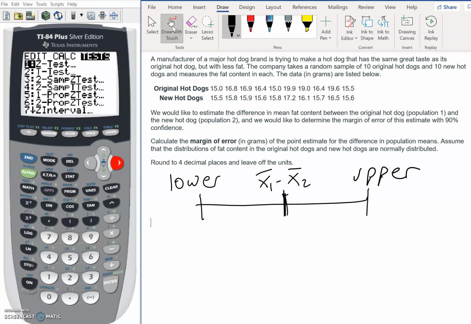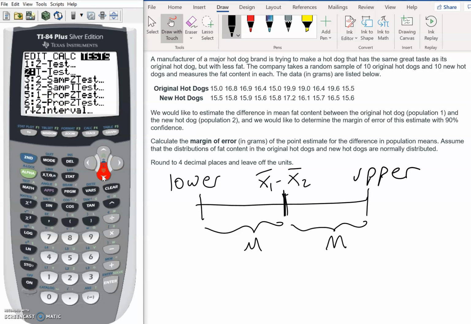That's our estimate for the real difference of the means. Well, how do we get to the lower bound? How do we get to the upper bound? We go a distance m. We go that margin of error m. So what does that mean? Well, I guess that means that the entire interval, if we find that length, is twice m. So let's go back over to our calculator and find that interval.